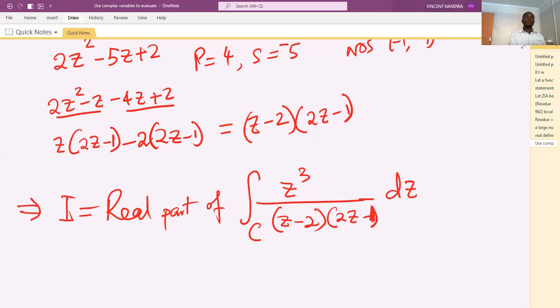That's what we have by definition, with the minus 1.